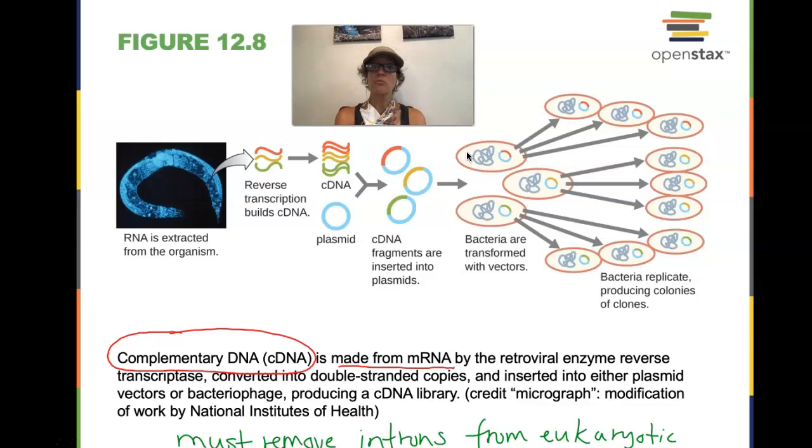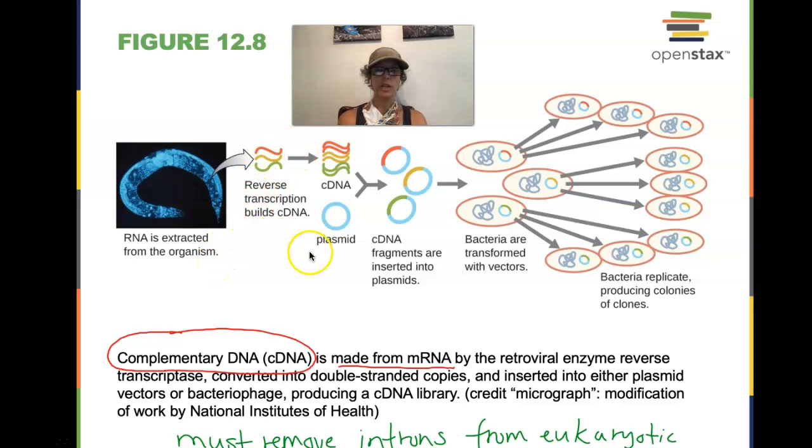So instead of directly cloning DNA into a plasmid to put into bacteria, if we start with a eukaryotic organism, like for human insulin, we actually extract RNA, because the RNA will have its introns removed.